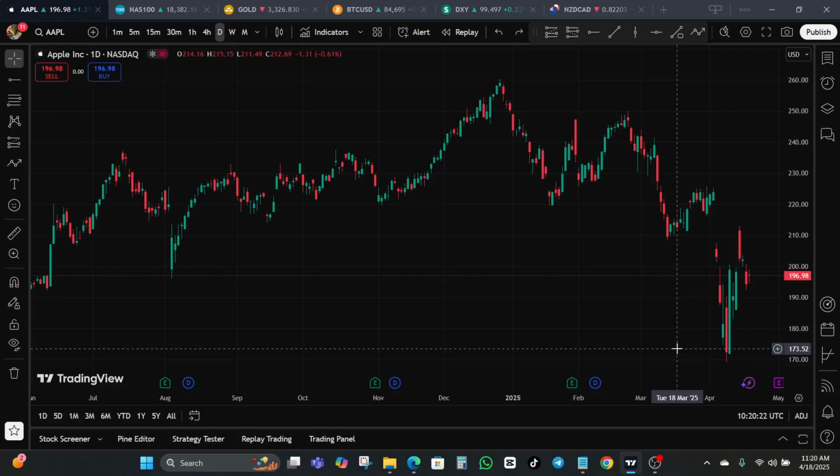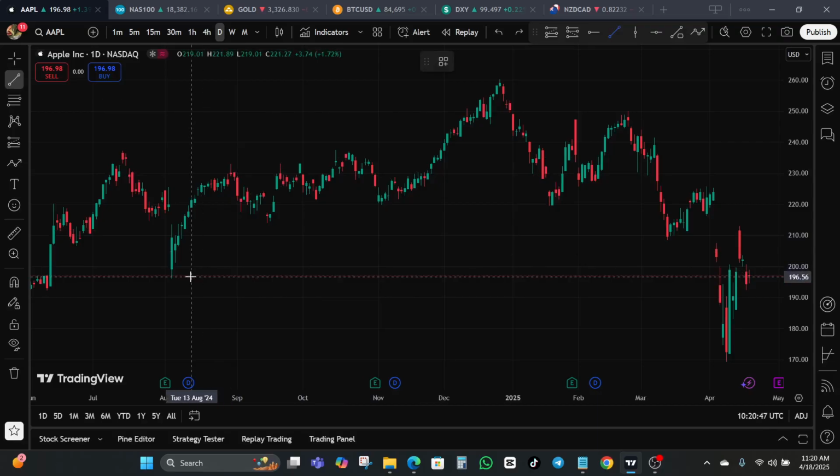Basically, a stock reversal happens when the current trend loses momentum and the price direction shifts. So it could be the end of a strong rally or the bottom of a prolonged downtrend, like what we see happened here, right?